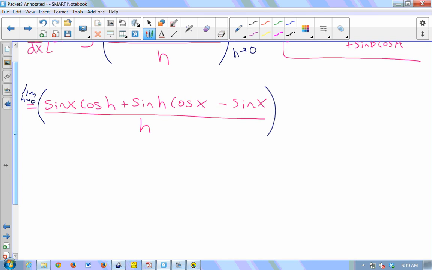All right, so I want to simplify this so that I get a sine h over h or a cosine h minus 1 over h, or maybe both. So ideas.